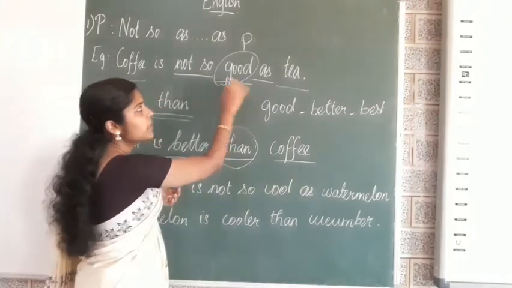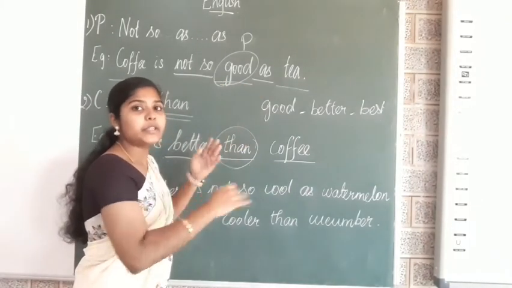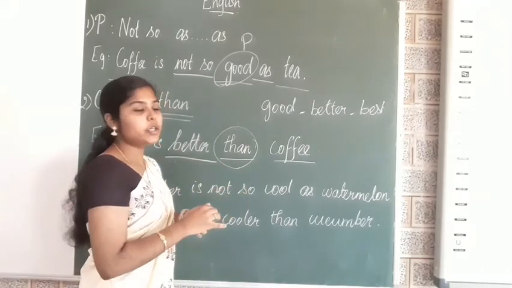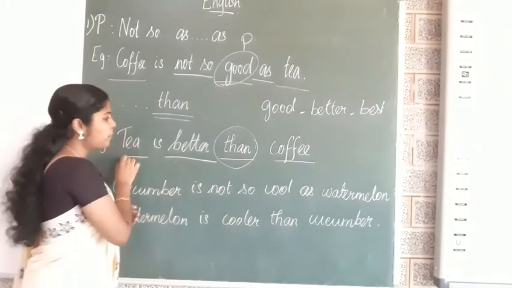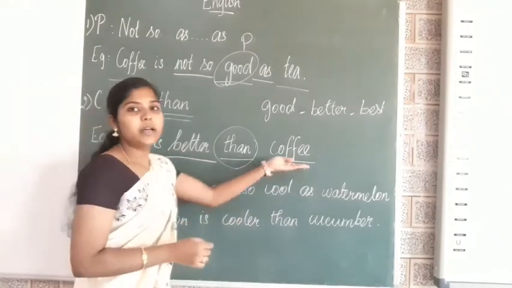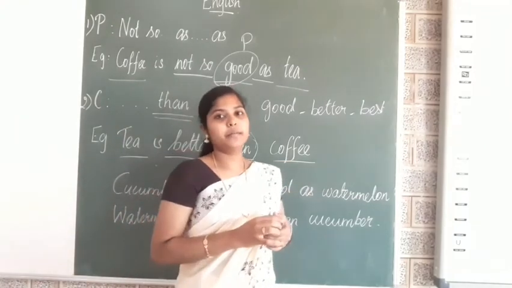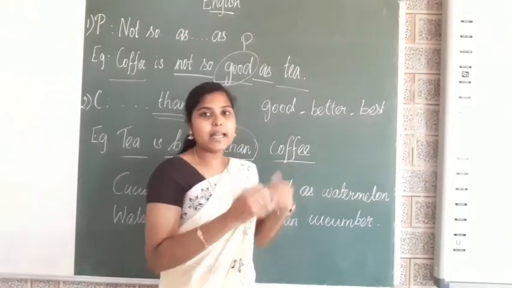Here in positive we have written good and in comparative it automatically changes into better. Tea is better than coffee. Here we are comparing tea and coffee. Okay. Let's see another example.